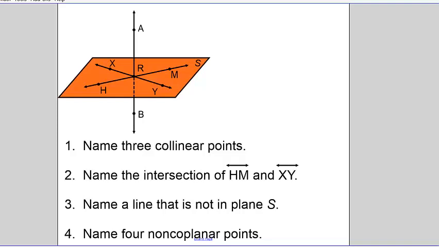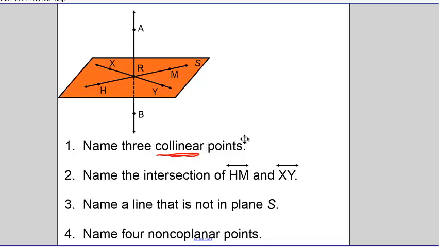Now, here we have a picture, and a lot of geometry is pictures and looking at these pictures and analyzing. So name 3 collinear points. So we have line HM, which is contained in the plane, line XY, and line AB. I could also name line AB, AR, or RB. You can name it by any 2 points. But so 3 collinear points. Collinear means they lie on the same line.